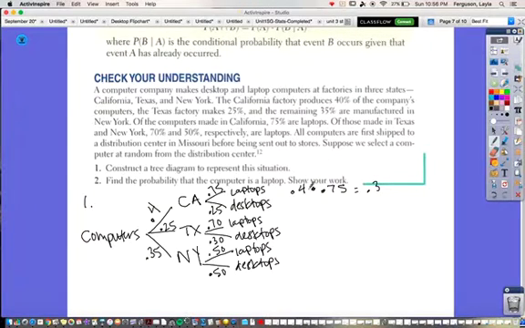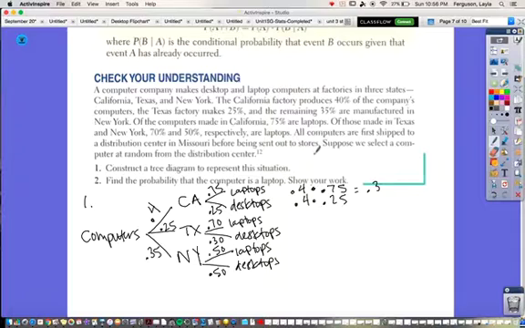So the probability that, chosen at random, a laptop from California, you would say probability that it's from California, 0.4 times probability it's a laptop, 0.75 to get 0.30. So given that same method, to be a desktop from California, you would say probability it's from California is 0.4 times probability that it's a desktop, 0.25.